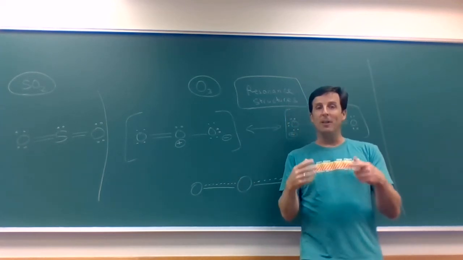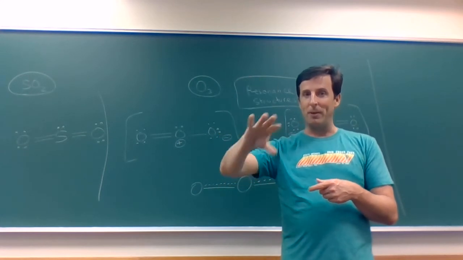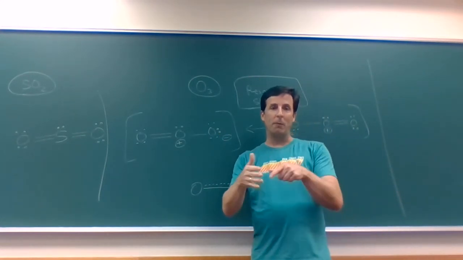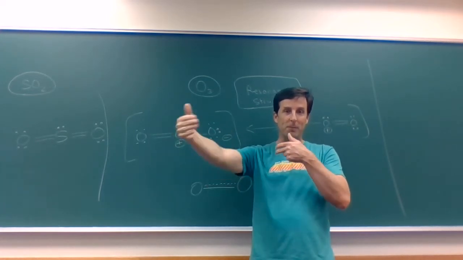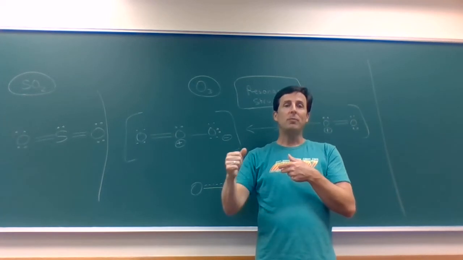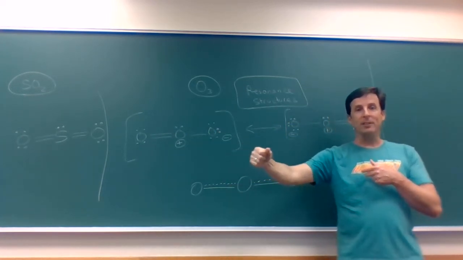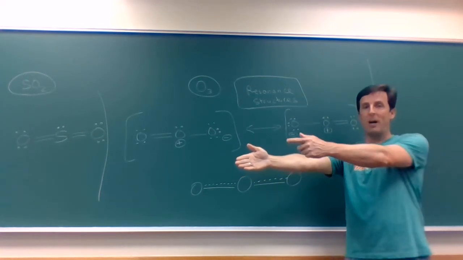Now, we actually know this from your reading about bonding, and I don't even know if it's in chapter 8 or chapter 9: we can determine whether bonds are single bonds, double bonds, or triple bonds by how long the bonds are, like how far it is between the 2 atoms. Single bonds are long. Okay? So imagine if I'm going to give somebody a handshake, that's a single bond between the 2 of us.